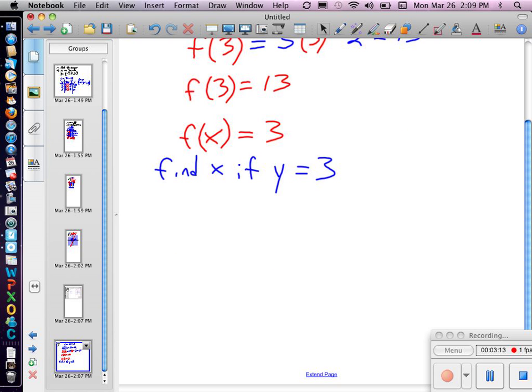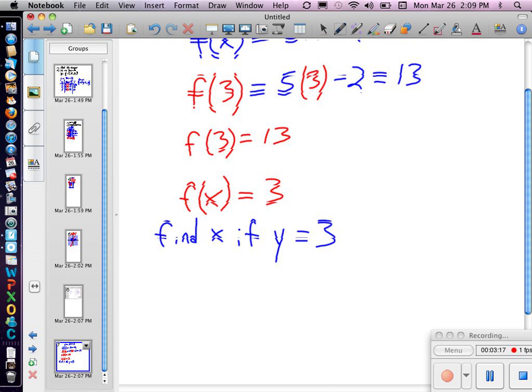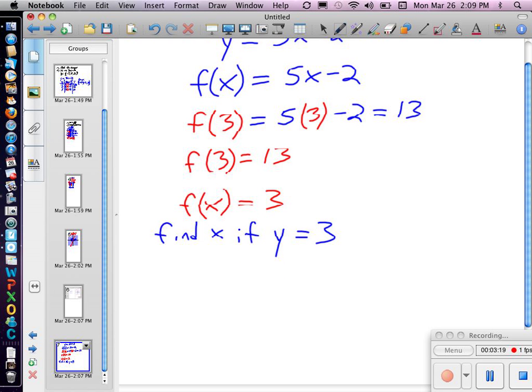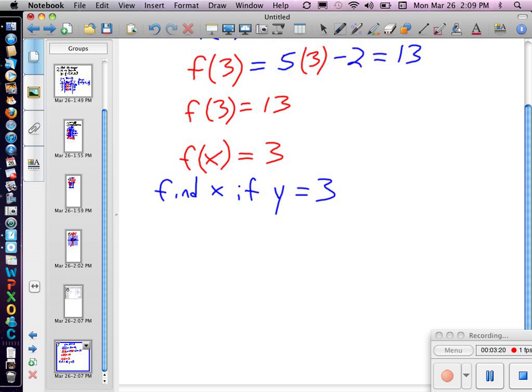So what we would do is, that original equation, again, which is y equals 5x minus 2, I'll just write it again, we would replace the y with 3 and then solve for x.